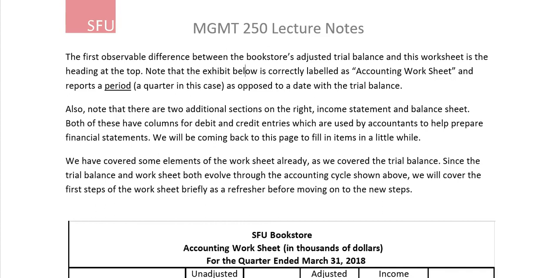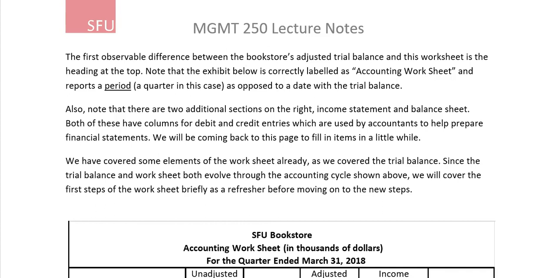The first observable difference between the bookstore's adjusted trial balance and its worksheet is the heading at the top. Note that the exhibit below is correctly labeled as accounting worksheet and it reports a period, in this case, a quarter, as opposed to a date with a trial balance.